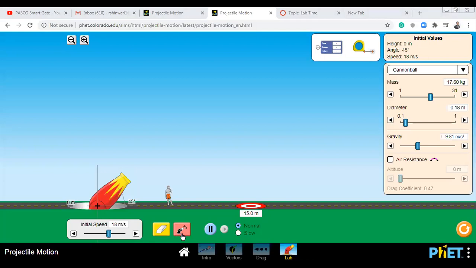Let me record the data. We have 45 degrees and 18 meters per second initial velocity. You can also record this. Initial velocity 18 and theta is 45 degrees. So what is the range?